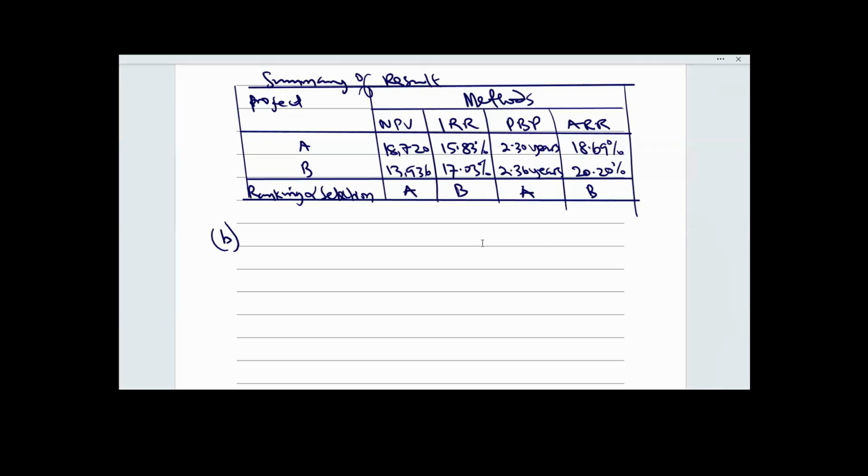We can see here that project A produced a higher positive NPV of 18,720 relative to project B with a positive NPV of 13,936. So your decision should be based on the net present value.